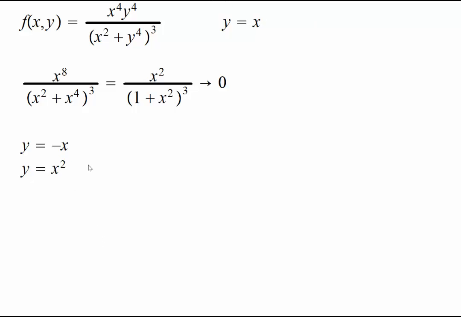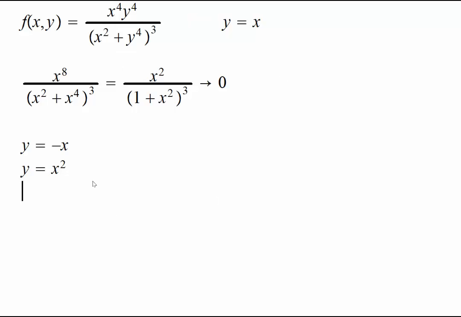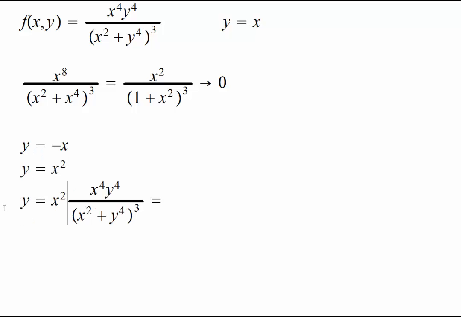And if we do that, what we get is, in case y equals x squared, this will imply that this is x to the 12. Then I have x to the 6 on the bottom after the factoring.